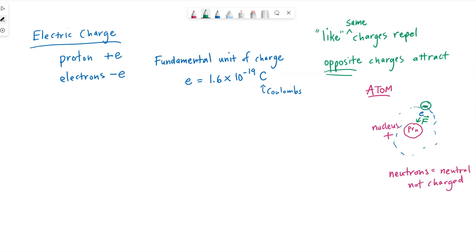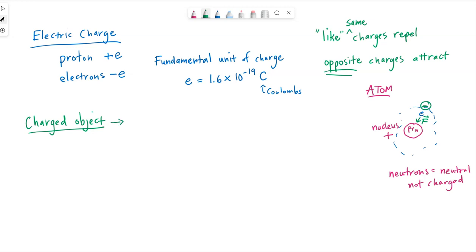All right, so charges, we have protons, we have electrons. As we talk about charging an object, whether an object as a whole is charged or not, all we mean is that there's an imbalance of protons and electrons.